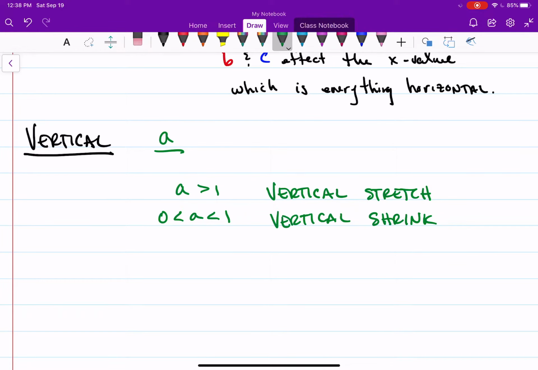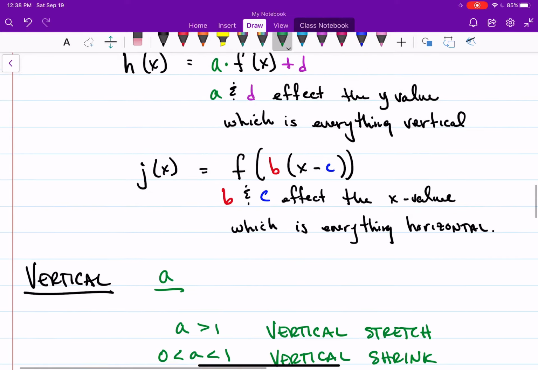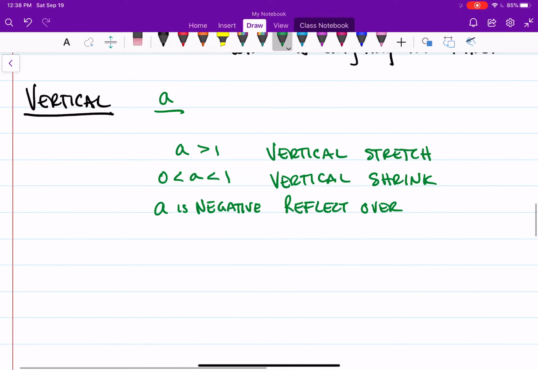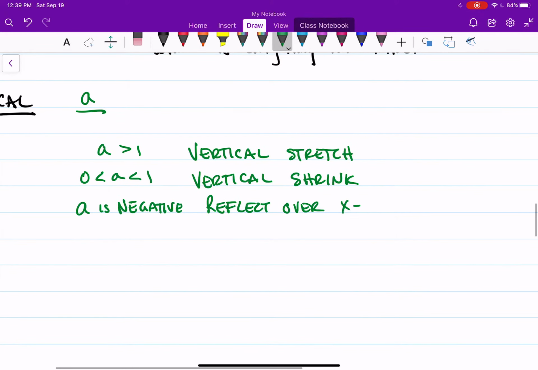And if a is negative, then we would reflect over, and you're like, what? The a is attached to the y. So if the a went from positive a to negative a, it will reflect over the x-axis.